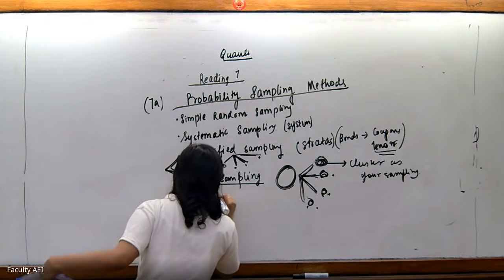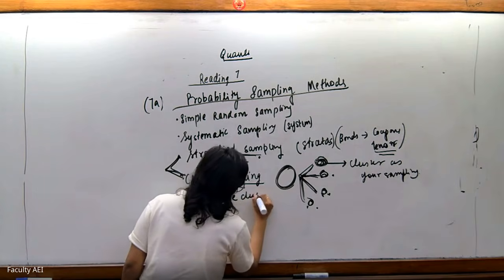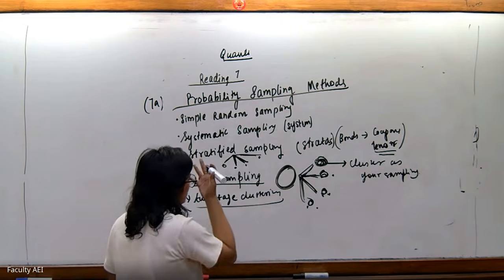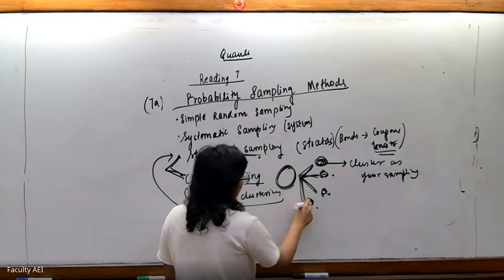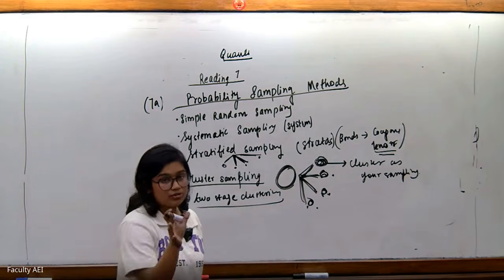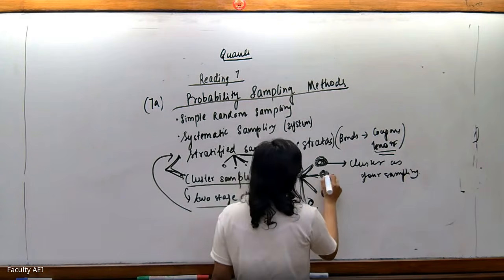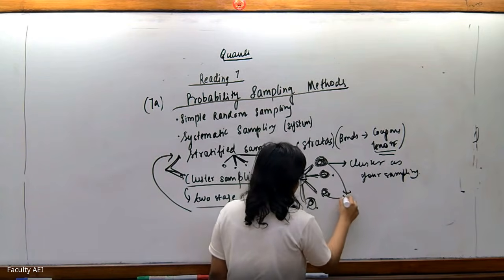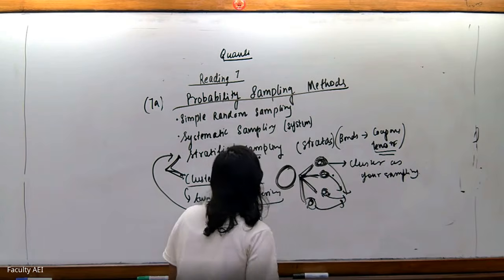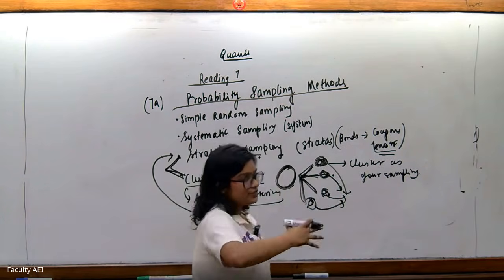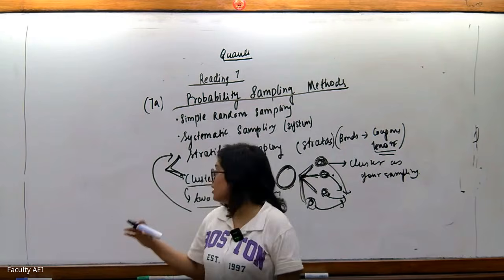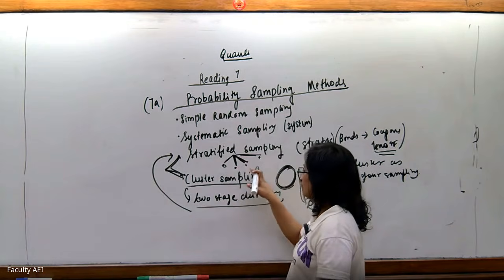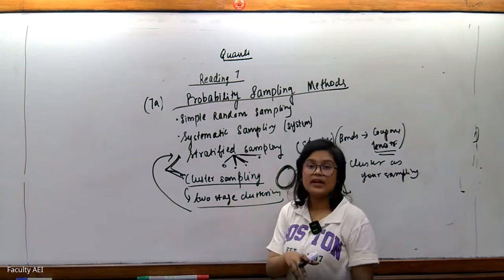Now, two-stage clustering is somewhat similar to stratified sampling. In two-stage clustering, you have divided your whole population into different clusters, let's say 4 clusters. Then you again choose certain people from each cluster, just like in stratified sampling, where we first divided the whole population into stratas, picked out some people from these stratas and then formed the whole sample.